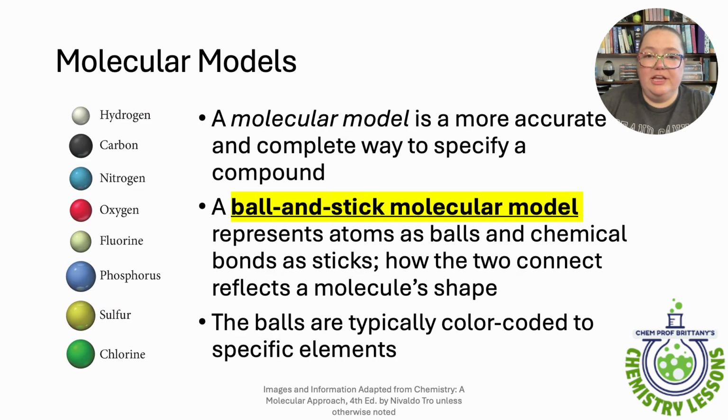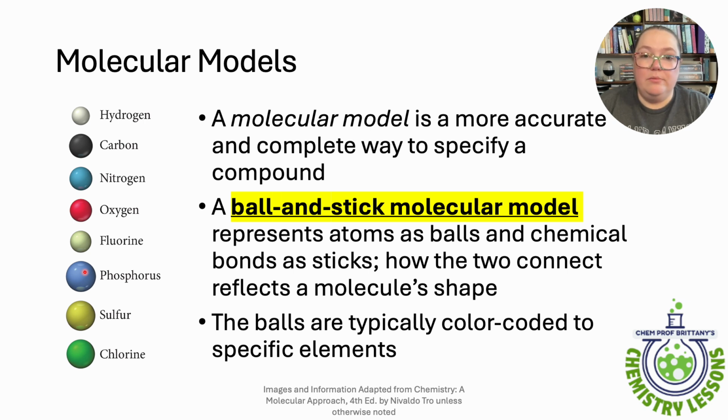We can also use molecular models, which use these really pretty 3-dimensional circles, but it's the more accurate way to completely tell us about the compound. The most common one that you probably have seen is a ball and stick model, which is exactly what it sounds like. You have these balls that represent the atoms and then sticks that represent the bonds.